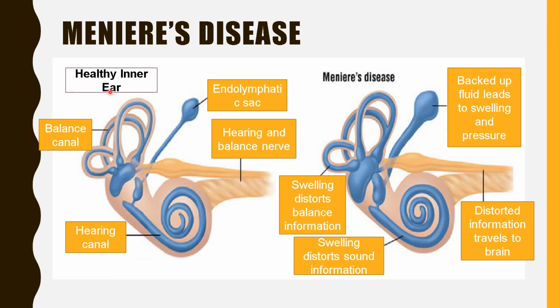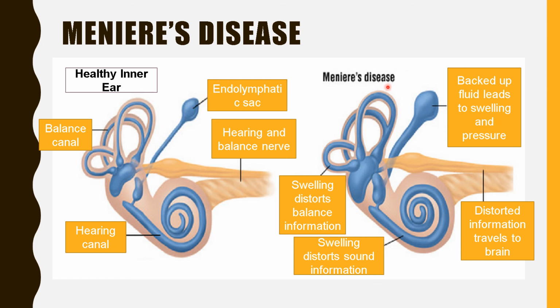So let us see the inner ear here. You can see the balance canals, the semicircular canals, which help in balance, these three. Along with this, the hearing canal, the cochlea, and the hearing and balance nerve. And here is the endolymphatic sac.